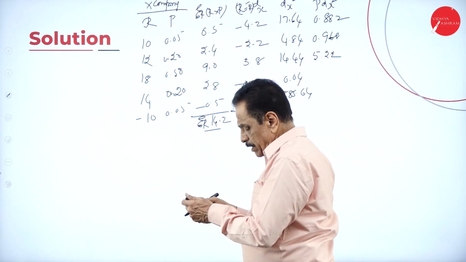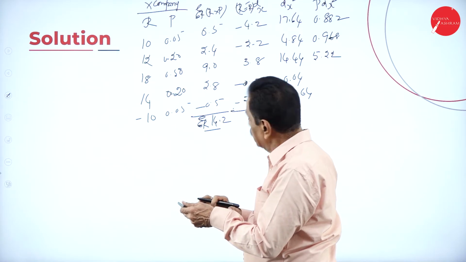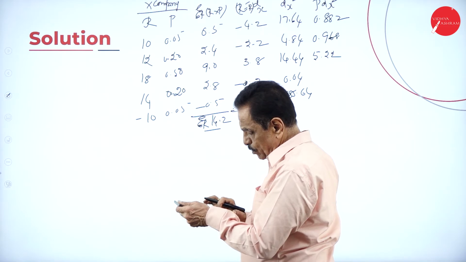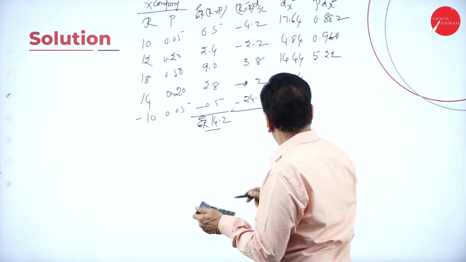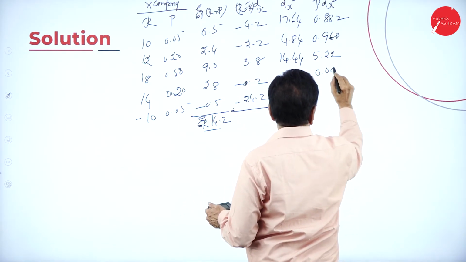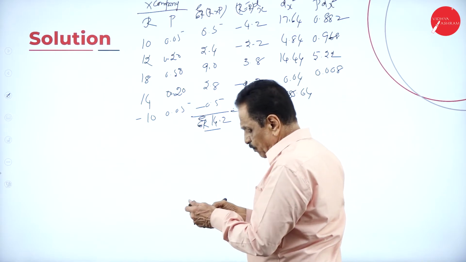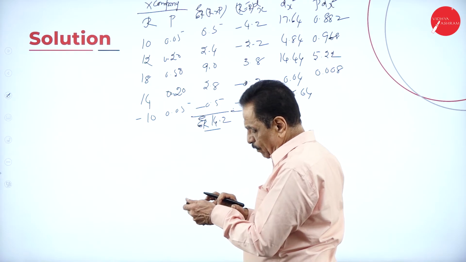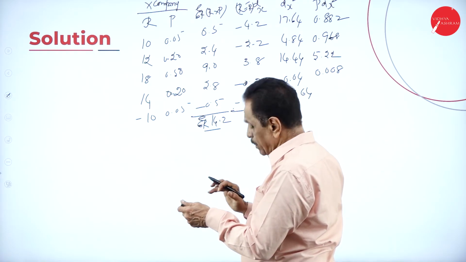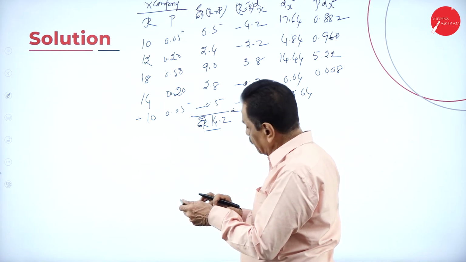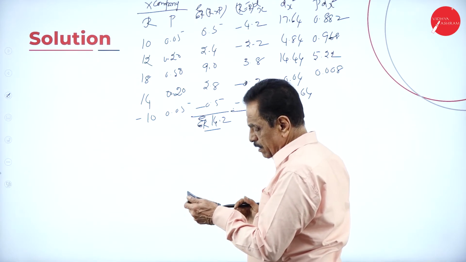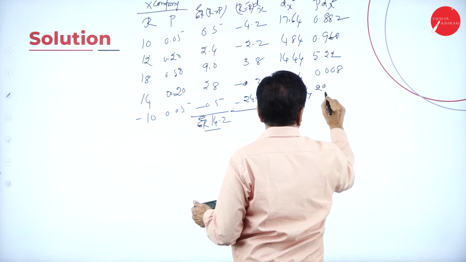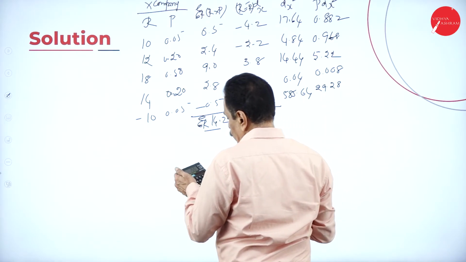Then 0.04 into 0.20, 0.008. 585.64 into 0.05, 29.282.